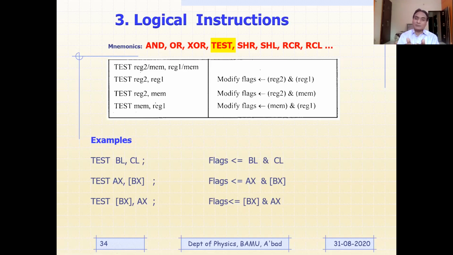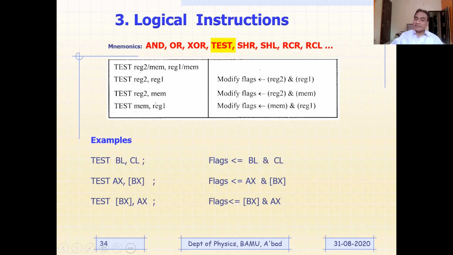Otherwise, in the TEST instruction also, we have the logical ANDing. The microprocessor is going to perform logical ANDing. The only difference is that in case of logical AND, the destination register is modified along with flags, whereas in case of TEST, only flags are updated and no destination register is modified.